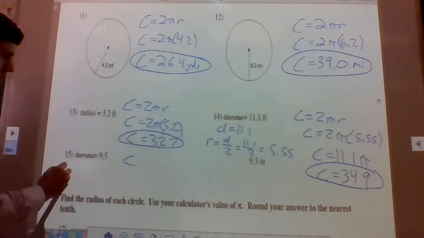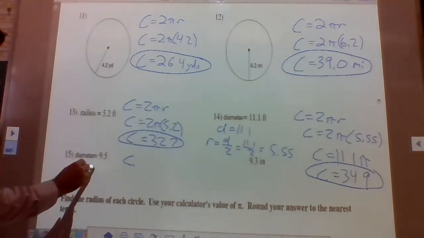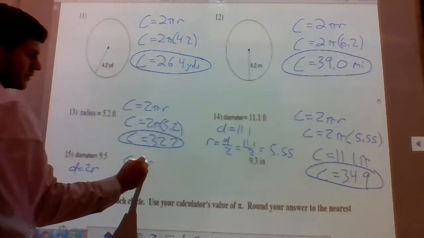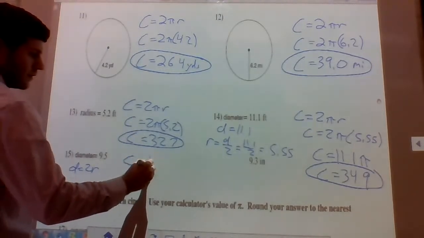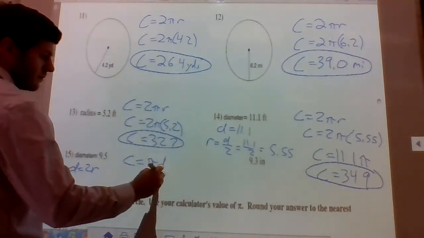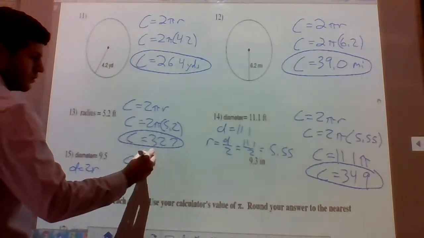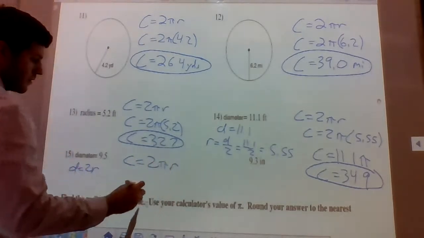So we know the diameter equals 2 times r, so we can write this as pi times the diameter. Okay, but I don't want to confuse you, so let's just call it 2 pi r.